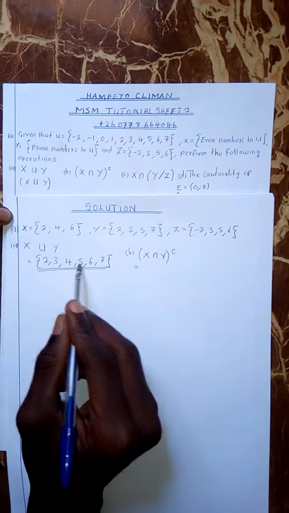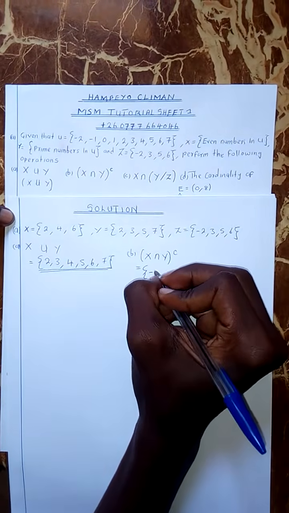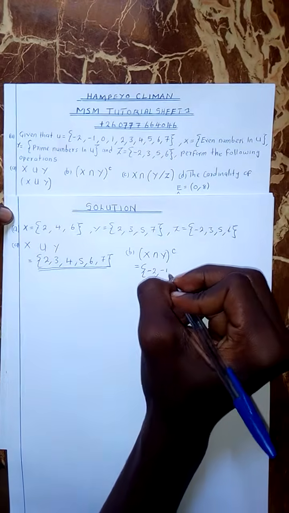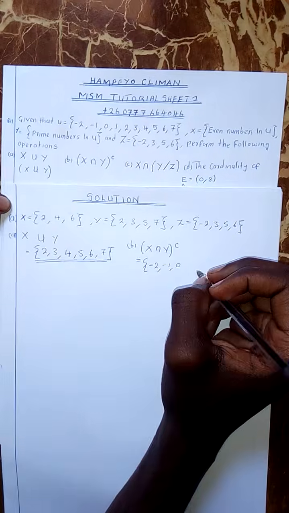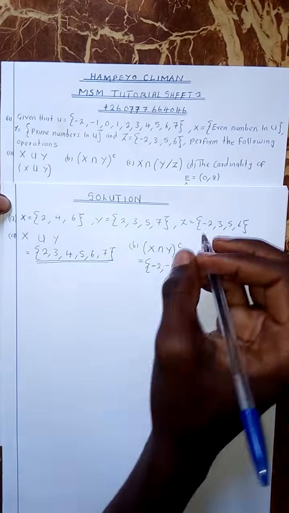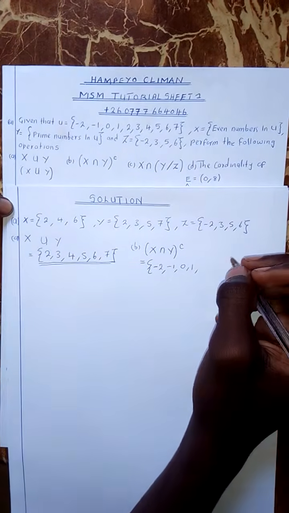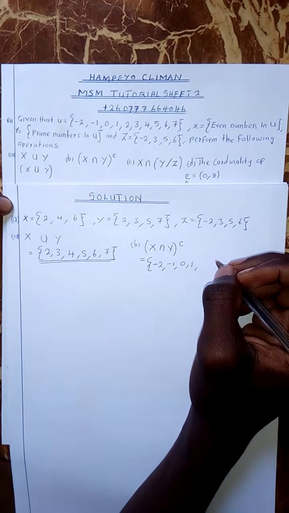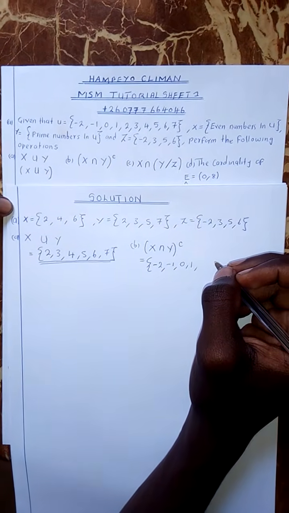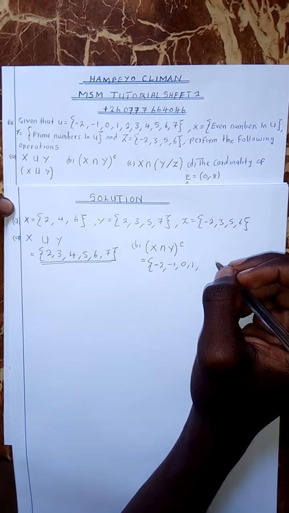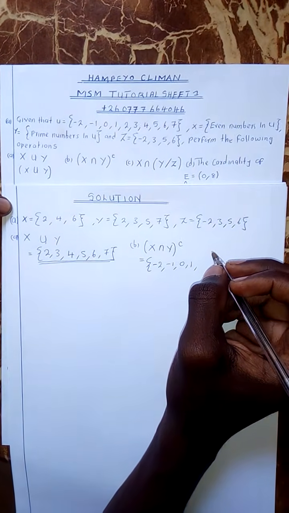If we remove these values, we are going to remain with -2, -1, 0. So we remove 2. Okay, do we have 1? Okay, we have 1 like this. We've removed 2. We've removed 3. We've removed 4, 5. Then we've removed 6. We've removed 7. So if you check, these are the only values that you are going to remain with.